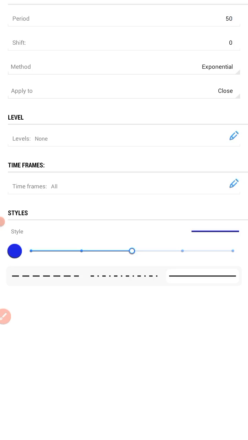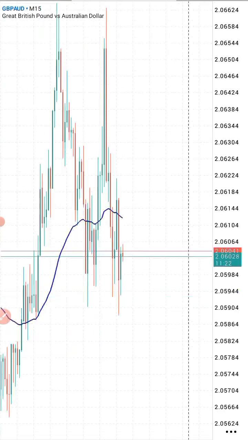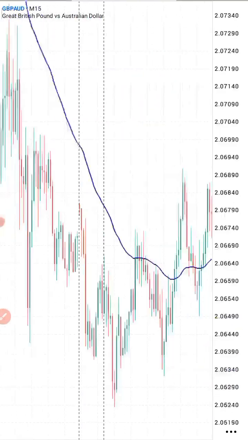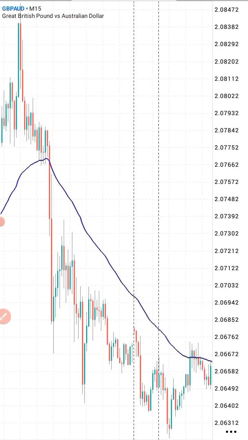It is to all time frames, and our style, I'm choosing this color. Now you can decide to choose another color, but me, I prefer this color. So let's move on. You click on save. Look at it. Blue color. You see it? That is the 50 moving average.